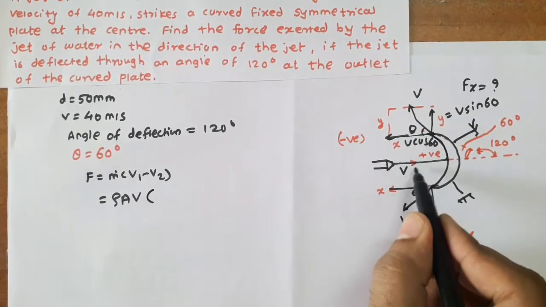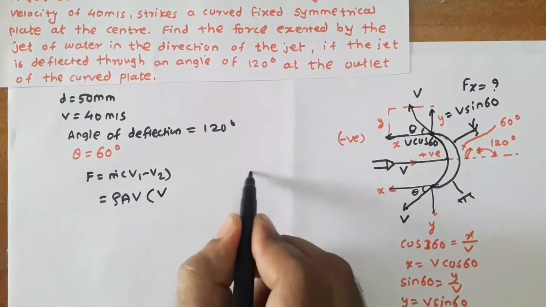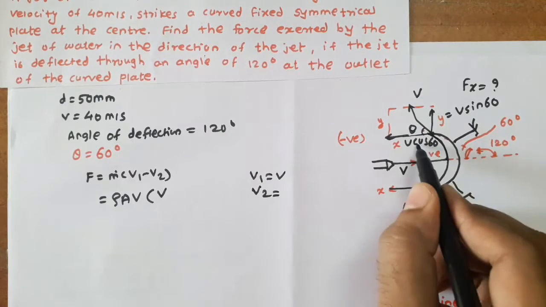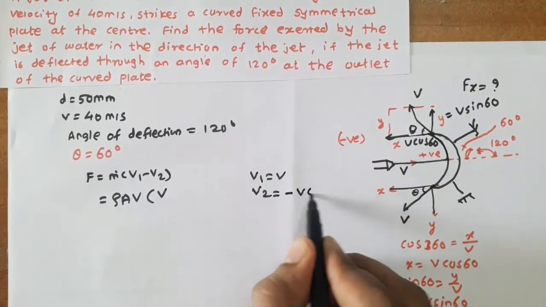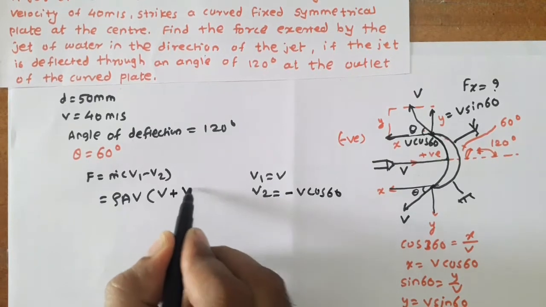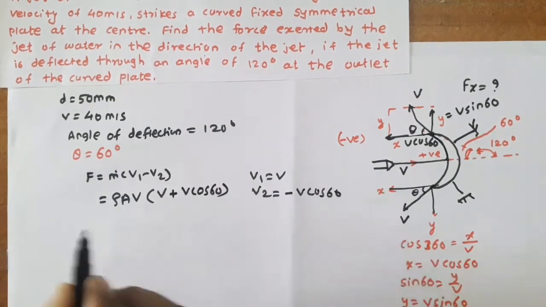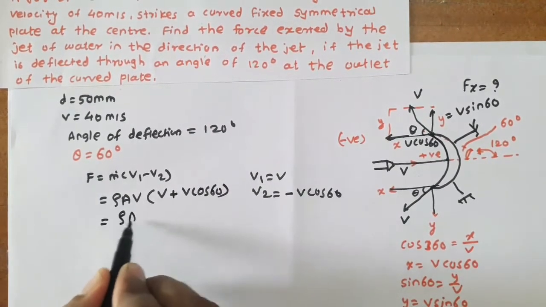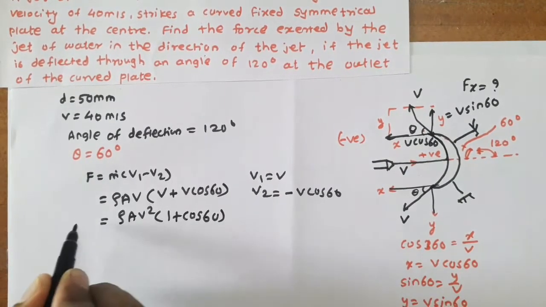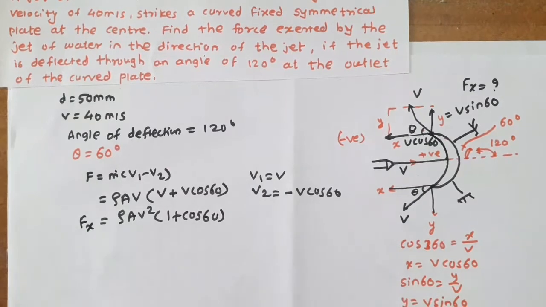Now v1 is equal to v, and v2 is nothing but negative v cos 60. So v plus v cos 60. After simplification, it is rho a v square (1 plus cos 60). So it is the x direction force.